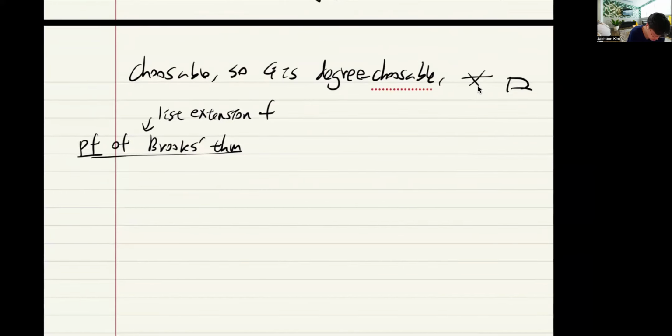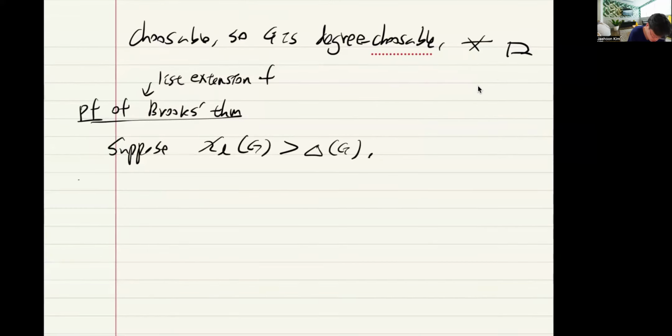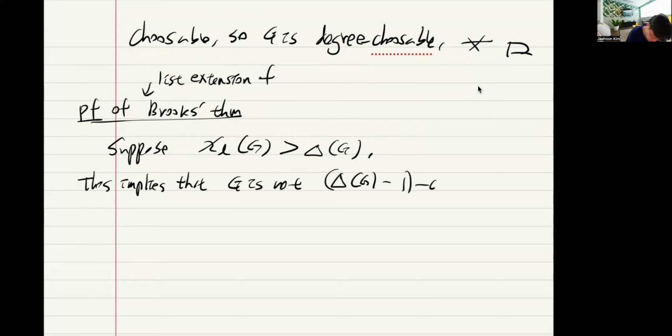So suppose the list chromatic number of G is bigger than its maximum degree. Then what do we know? This implies that G is not delta of G minus 1 degenerate.